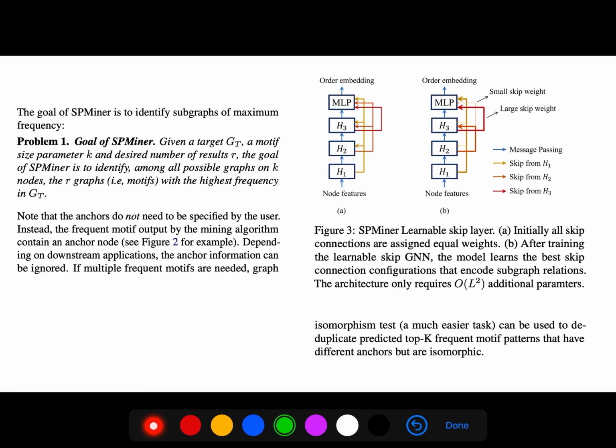And so the goal of SPMiner is that, given a target graph, a motif size parameter K and a desired number of results R, the goal is to identify among all possible graphs on K nodes the R graphs, for example the motifs, with the highest frequency.